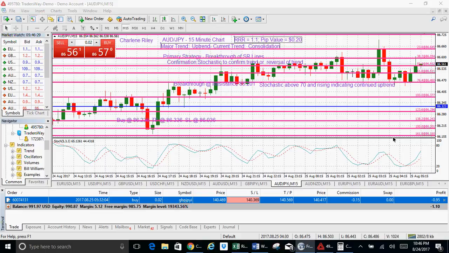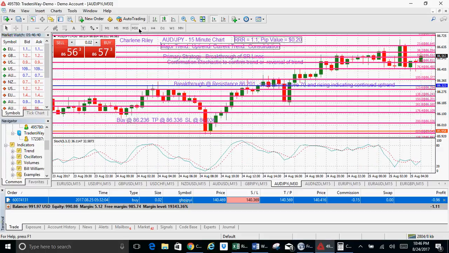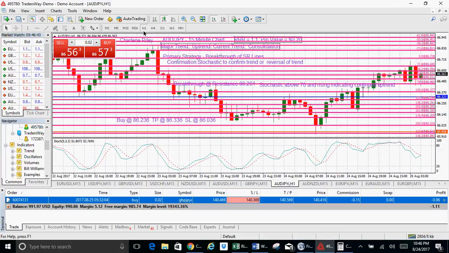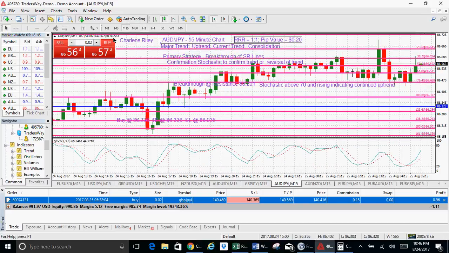Right now I'm not seeing a bullish candlestick. There it is. And stochastic at 64. Let me just look at my 30-minute and my 1 hour. Both of them are pointing up.